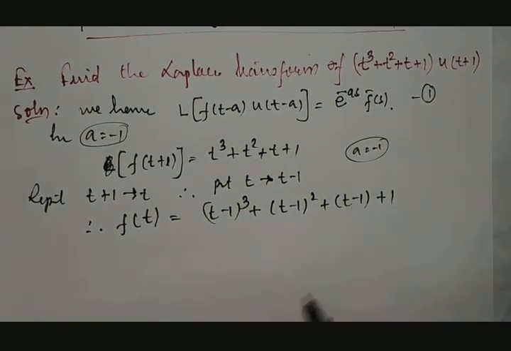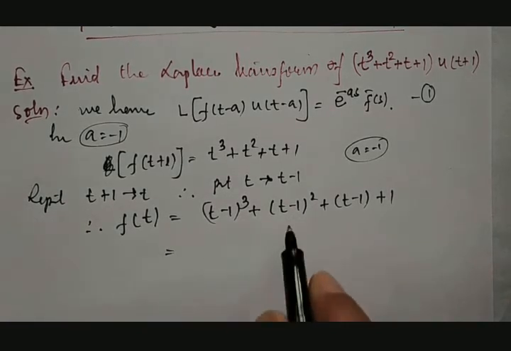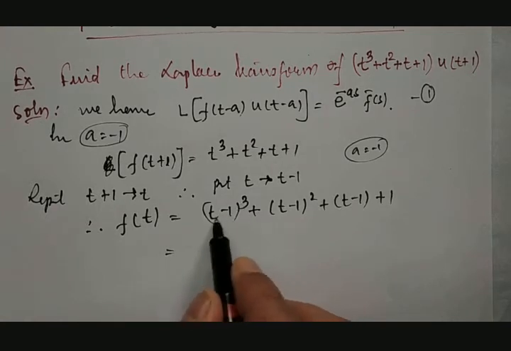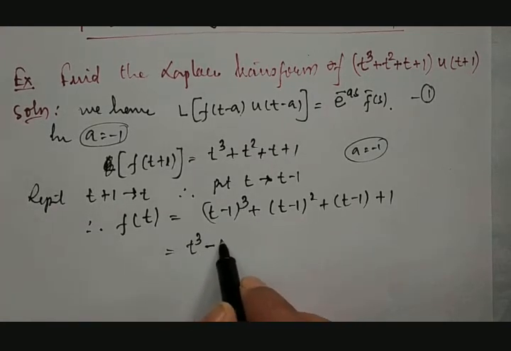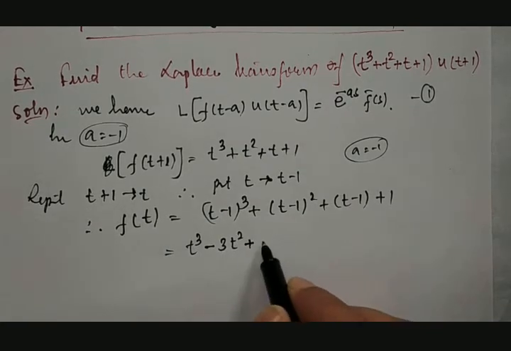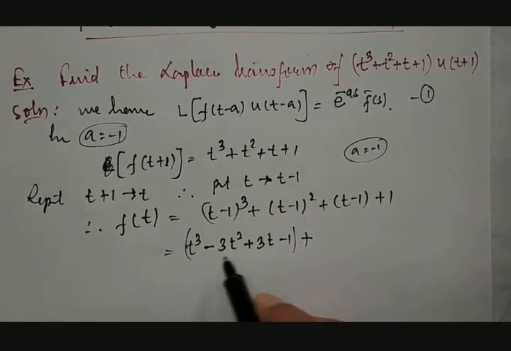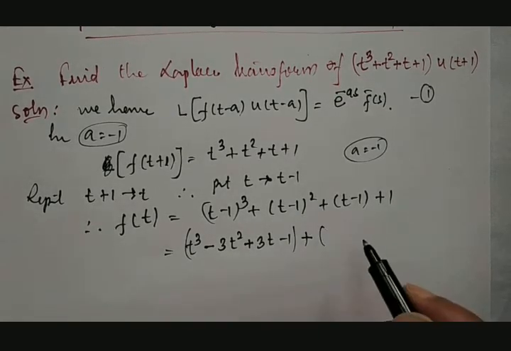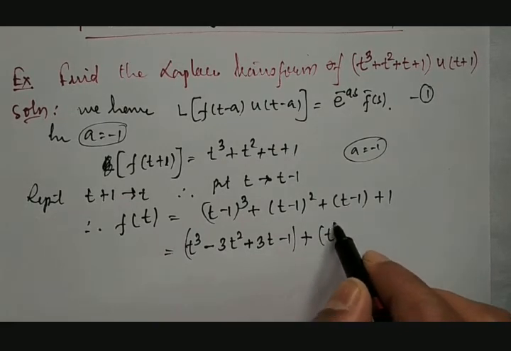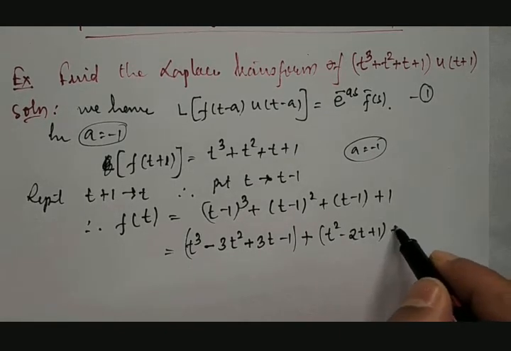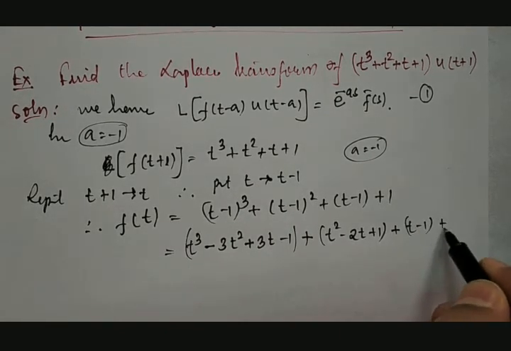Now it becomes a bit complicated one, but we need to simplify by using the basic formulas. This is like a minus b whole cube. What does a minus b whole cube say? The expansion of this will be t cube minus 3t square plus 3t minus 1 plus t minus 1 whole square expansion is what? That is a minus b whole square, that is t square minus 2t plus 1 plus t minus 1 plus 1.